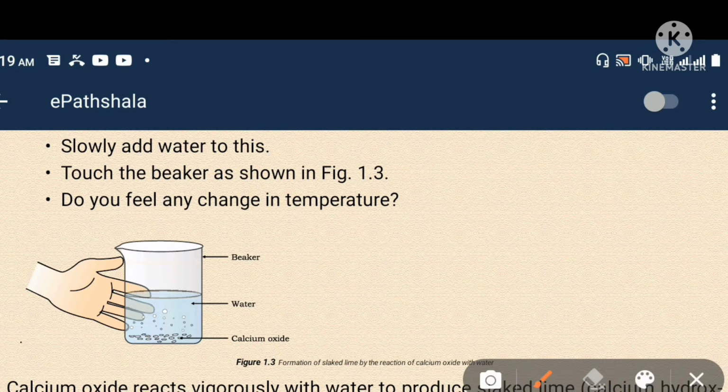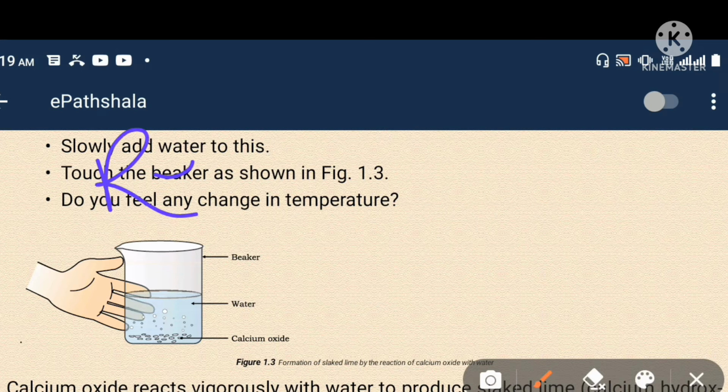Here we have discussed exothermic reaction. Do you know what is exothermic reaction? Like the burning of natural gas. Exo means heat is liberated. A reaction in which heat is liberated is called exothermic reaction. Like respiration is an exothermic reaction.